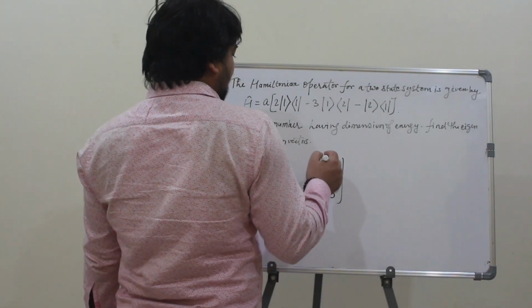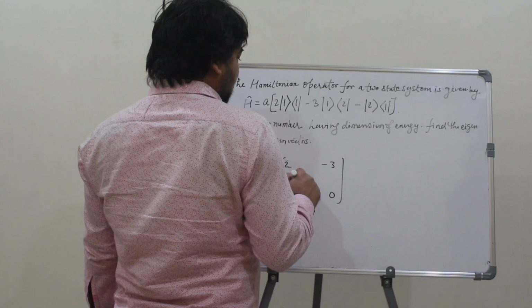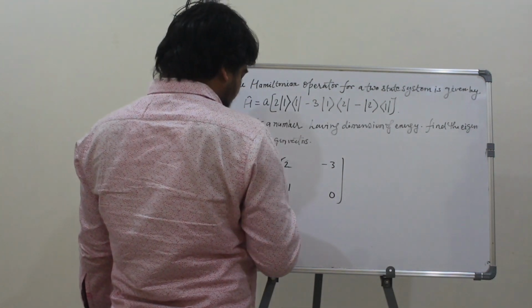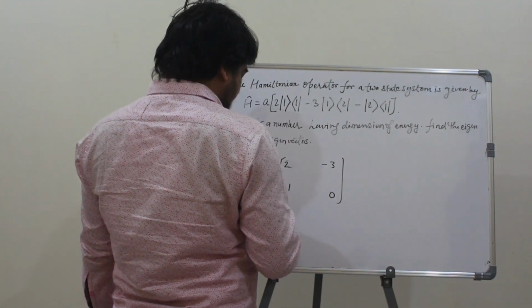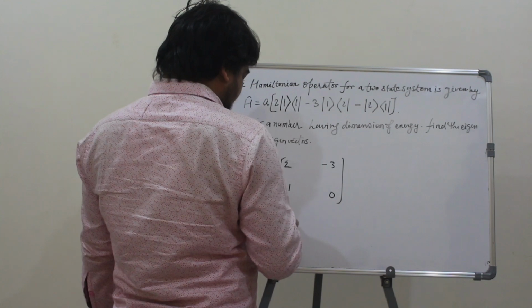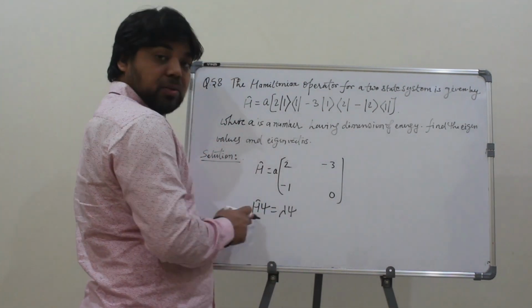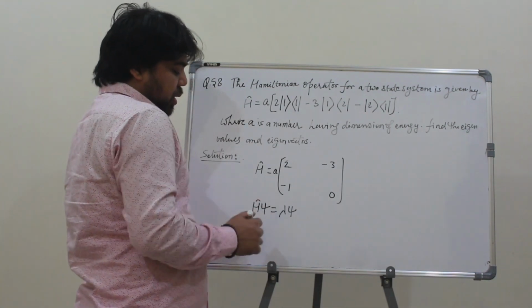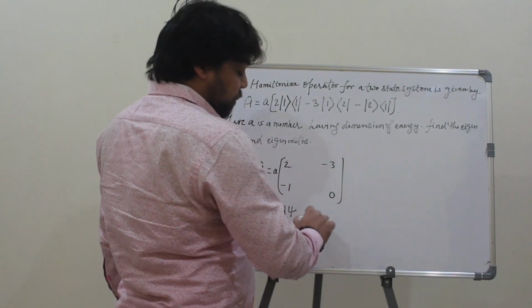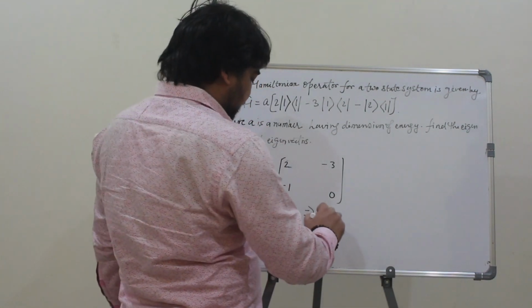So its eigenvalues can be found from H psi equals lambda psi, using this type of relation. So let us use this relation, H psi equals lambda psi.